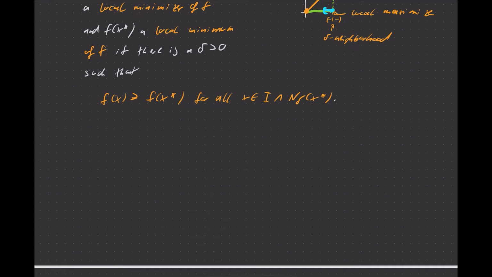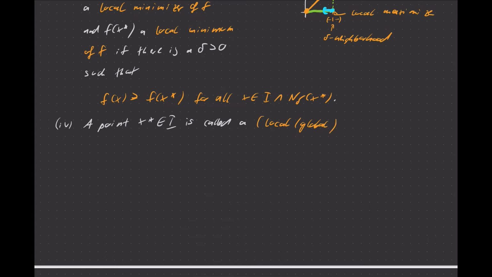And finally, part 4, there will also be a general name for minima and maxima. We'll just speak of extreme points or extrema. And that is part 4, a point x star in I is called a local or possibly global, if that's the case.